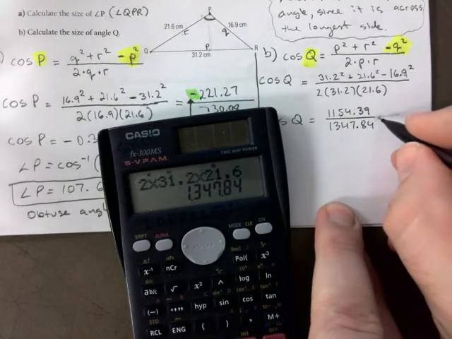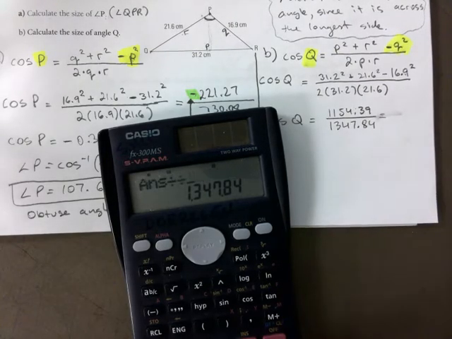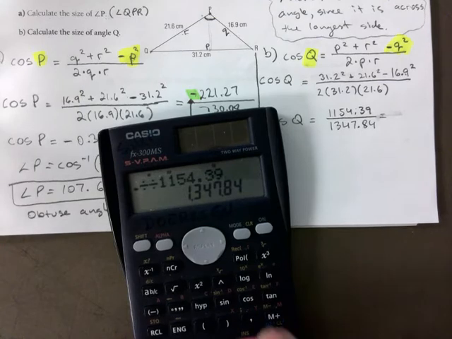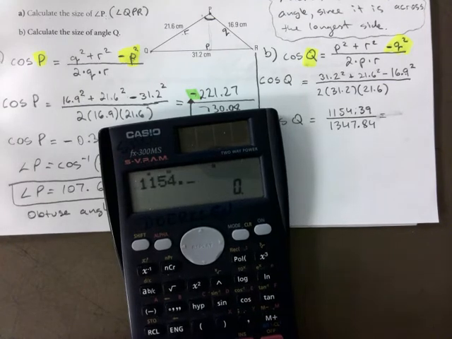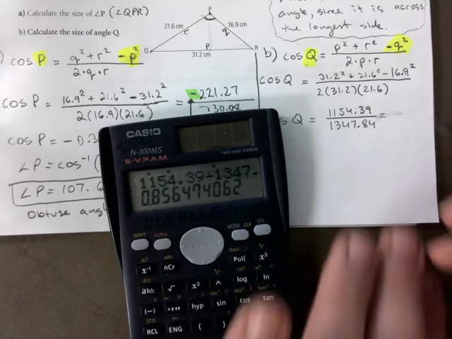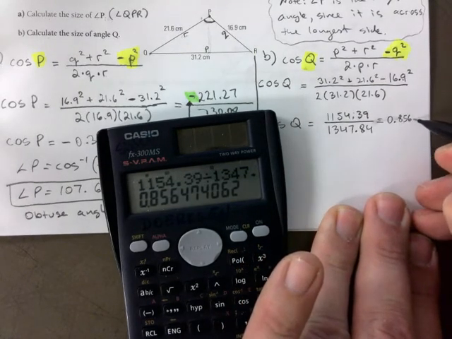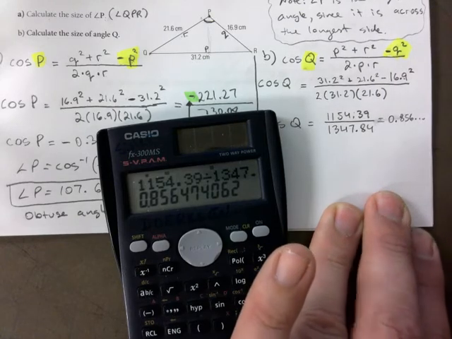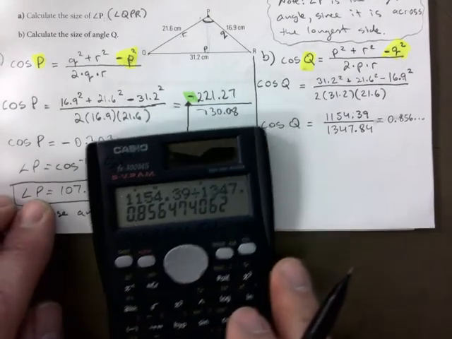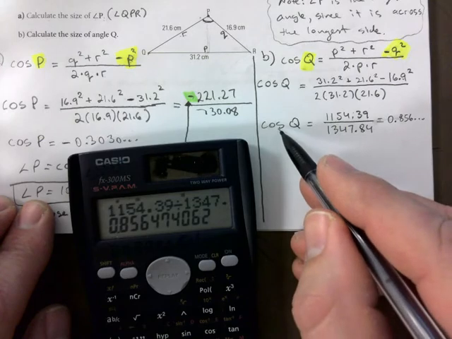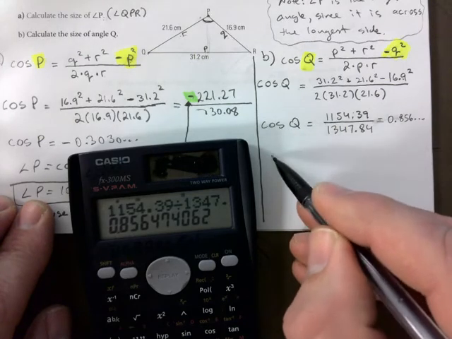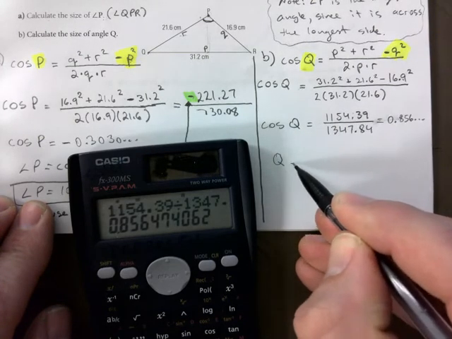Okay, let's get this decimal here. So 1154.39, oops, divided by 1347.84. That is 0.856, and I'm just going to go dot, dot, dot, like that. Now it is. Here it comes, guys. Now you're ready to let go of cosine.